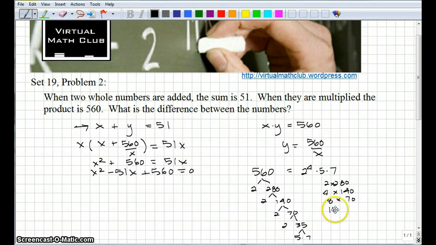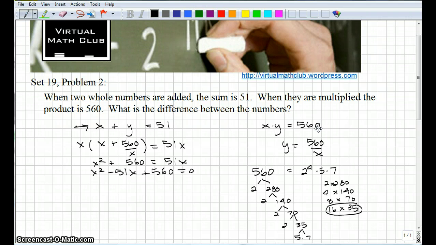Let's try 16 times 35. If you add 16 and 35, you do get 51. So these two numbers work. 16 and 35 add to 51, and 16 times 35 multiplies to 560.